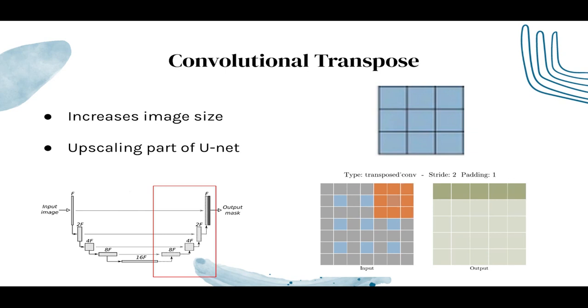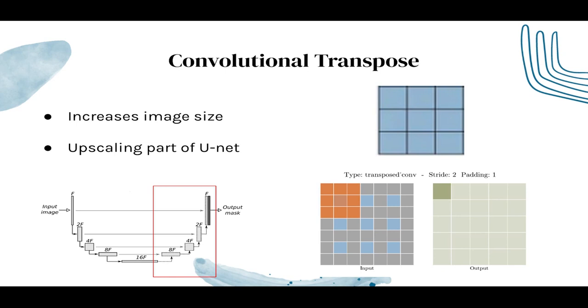And then we apply the convolutional layer, which I explained earlier, which has a kernel that goes around the image. Those two steps basically work to upscale our image, and it uses the features we've learned in the downscaling portion to create an upscaled image that has the proper segmentations.